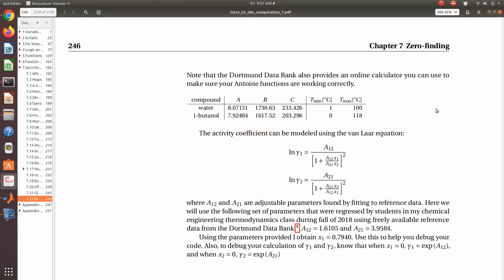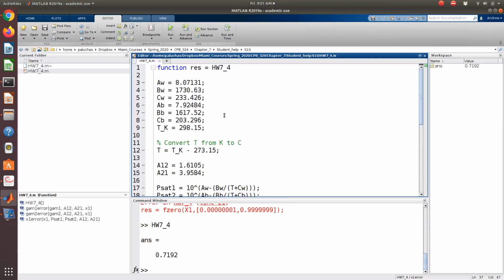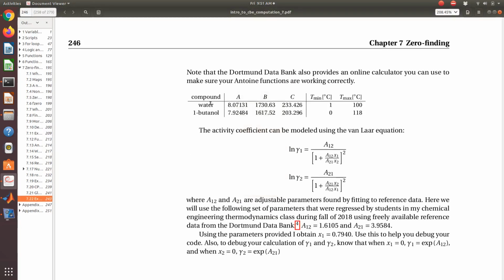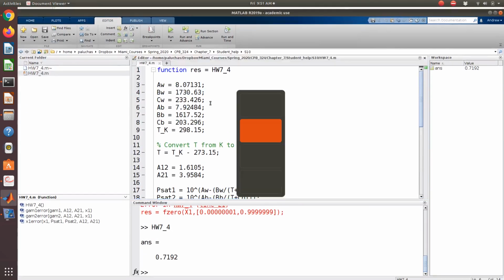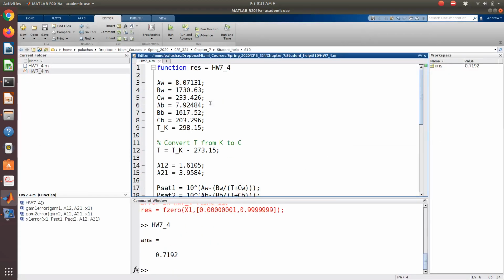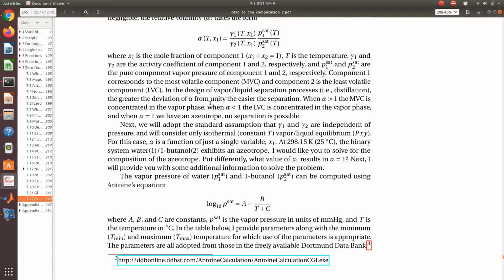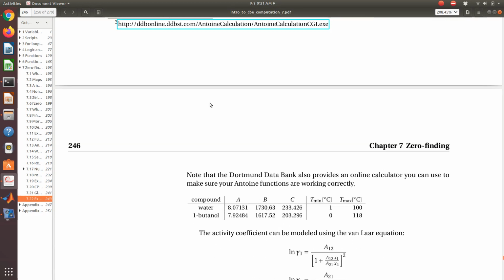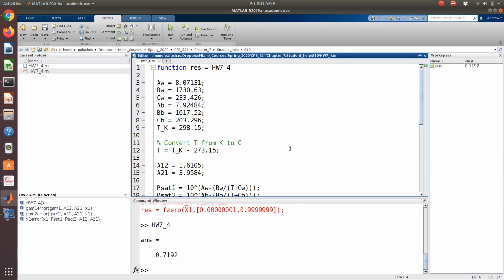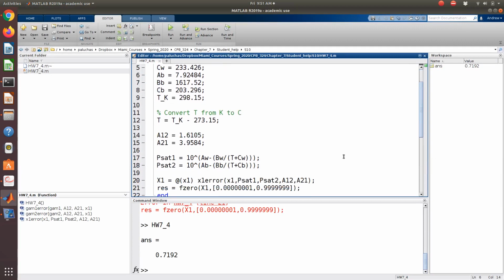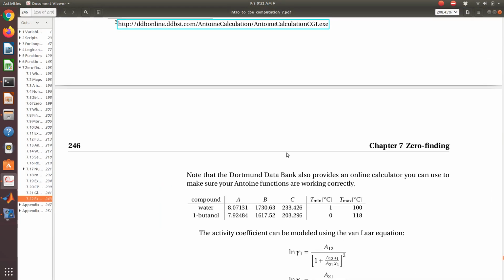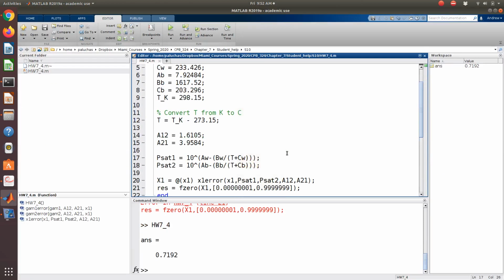So Antoine constants for water look good. Okay, let's do butanol. So those look fine, right? And temperature was 298, yeah, 25 degrees C. And so Antoine's A minus B divided by T plus C. So that looks good.